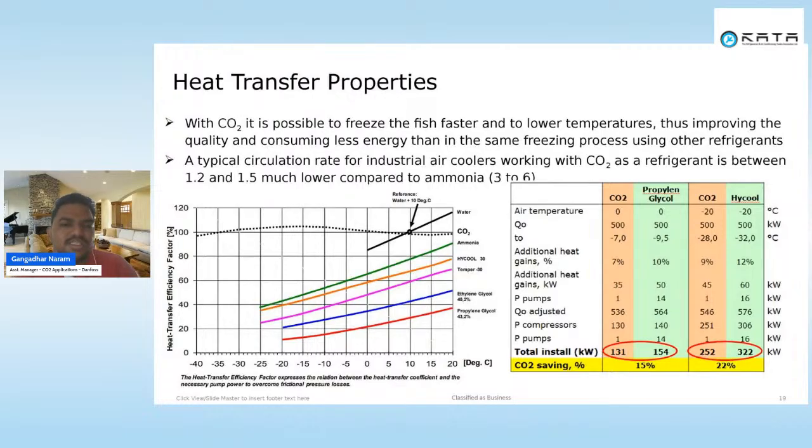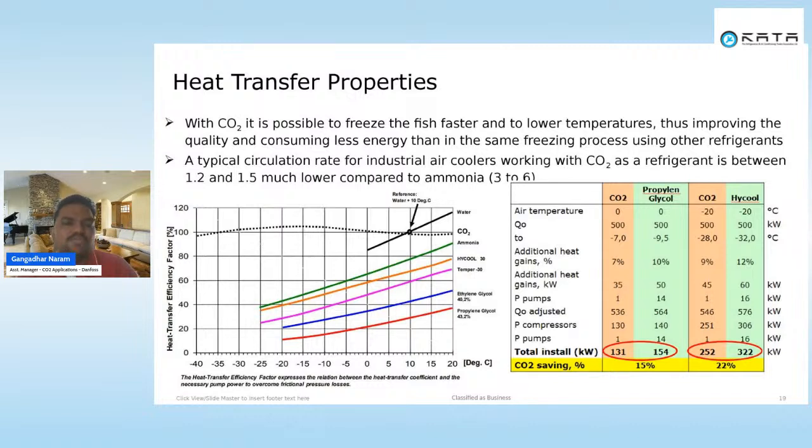With ammonia, the heat transfer capability slowly reduces going from plus 20 to minus 30. The same applies to other brines like ethylene glycol or propylene glycol. Similarly, on the right side, CO2 versus propylene glycol.